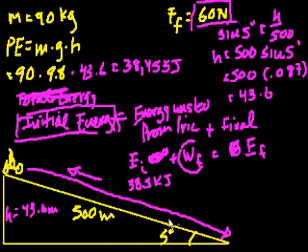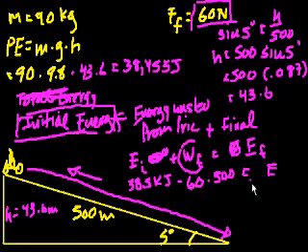What is the negative work that friction is doing? Well, it's 500 meters, and the entire 500 meters, it's always pushing back on the rider with a force of 60 newtons. So force times distance, so it's minus 60 newtons, because it's going in the opposite direction of the motion, times 500. And this is going to equal the final energy, right?